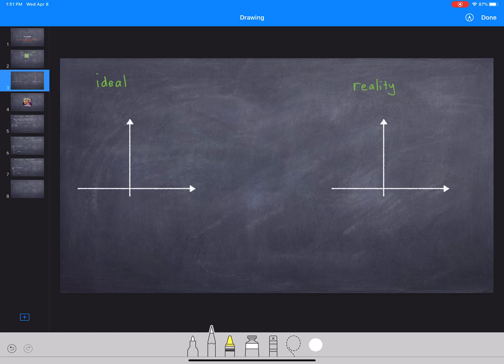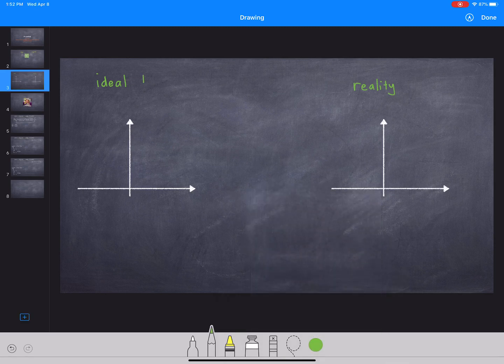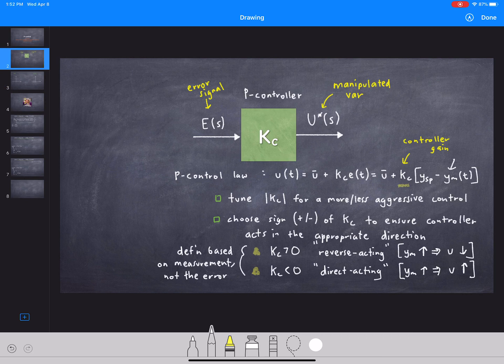So let's look at P action. So this is ideal P action. And in reality, P action is a little bit different than what we idealize. So in fact, the entire controller output is composed of P action here.